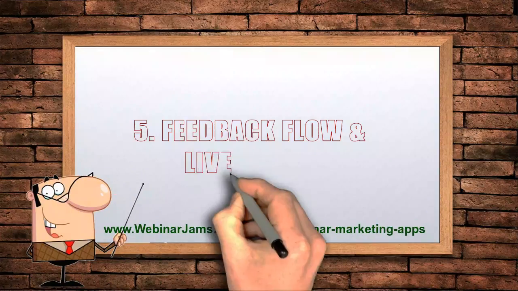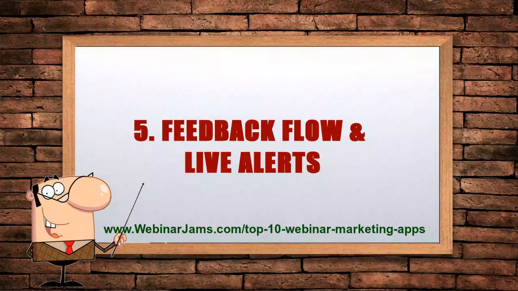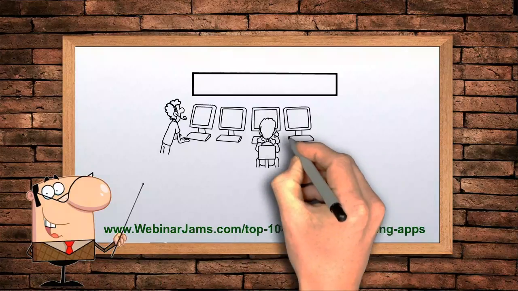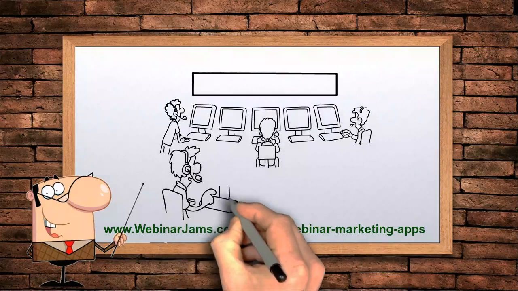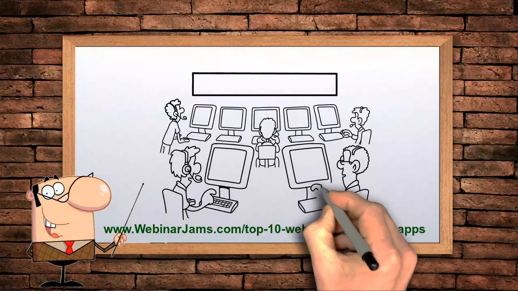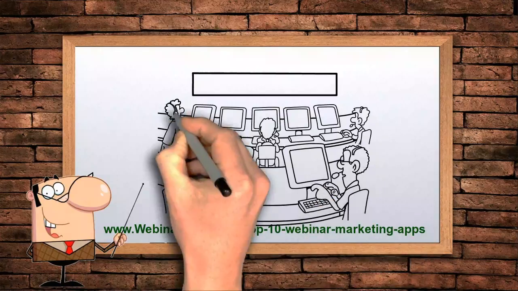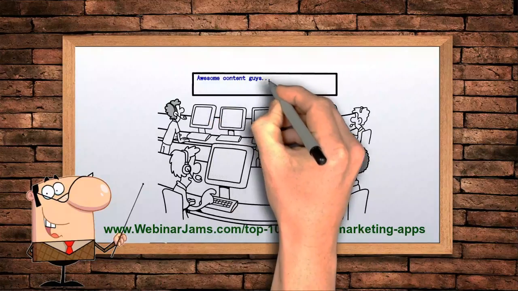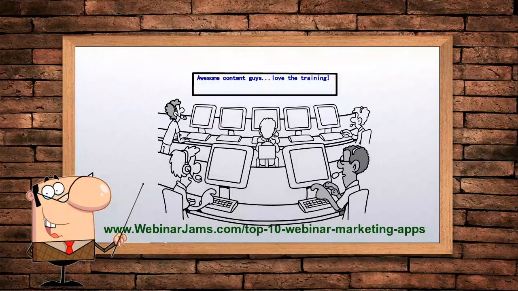Number 5, feedback flow and live alerts. Social proof can be incredibly powerful, especially in a buying decision situation. With this tool, you can display an attendee's comments and feedback right on the webinar window where your whole audience can see it. For example, an existing customer leaves a fantastic comment of their experience with your product or service.